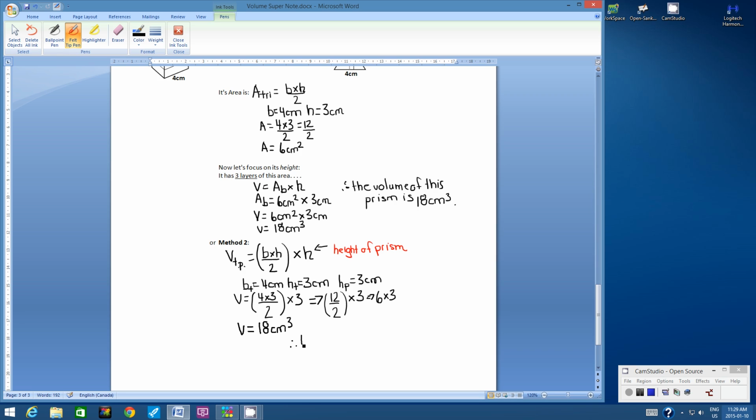Therefore, the volume of this prism is 18 centimeters cubed. And again, this answer should match this answer because we use 2 different methods to find the volume of the same prism.